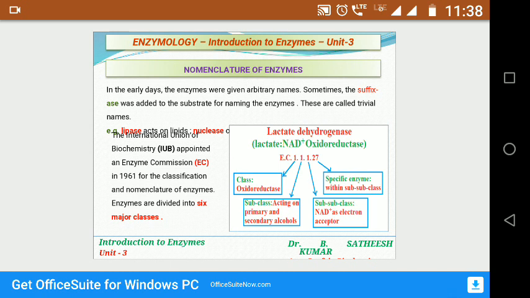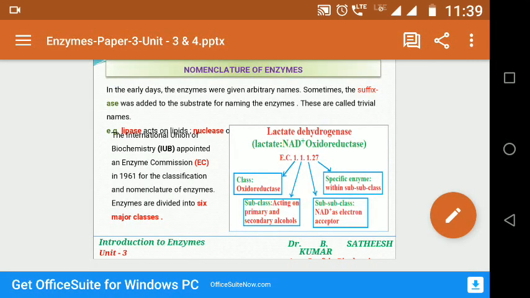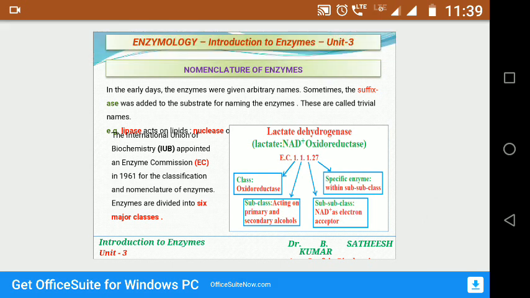So the main goal of the Enzyme Commission is to name and classify the enzymes. In these EC rules, the commission has followed one specific procedure in which each and every enzyme is given a 4-digit number, a 4-category number.